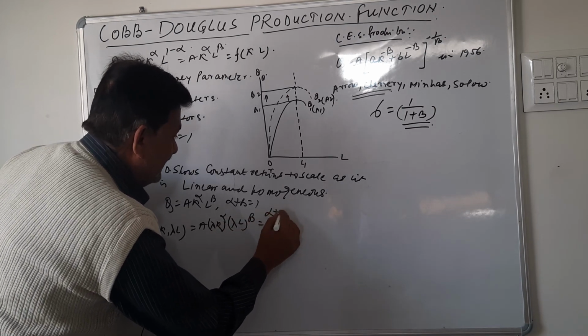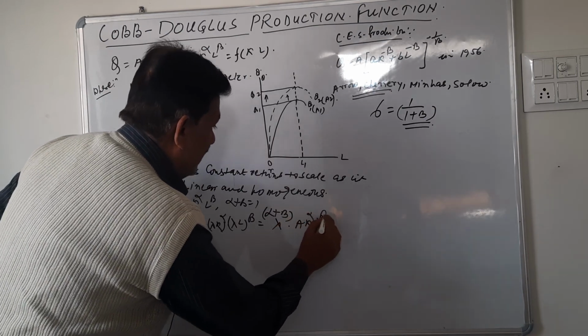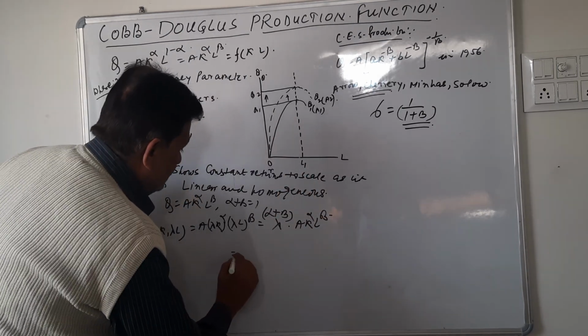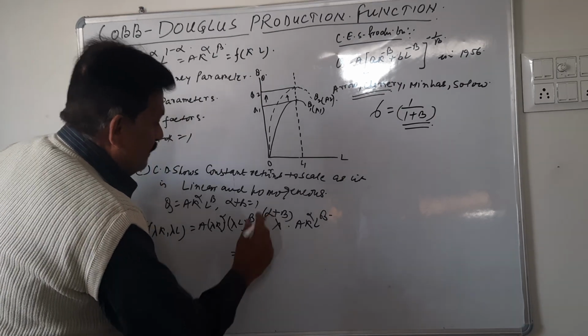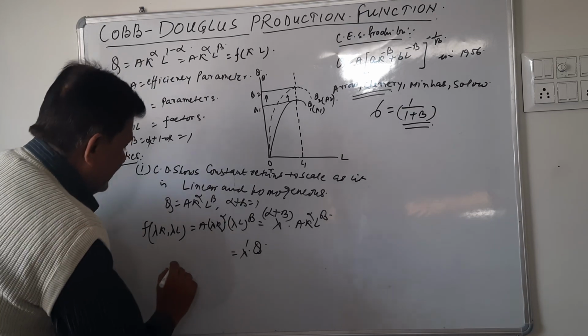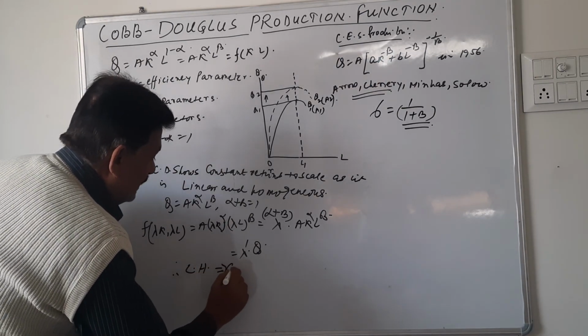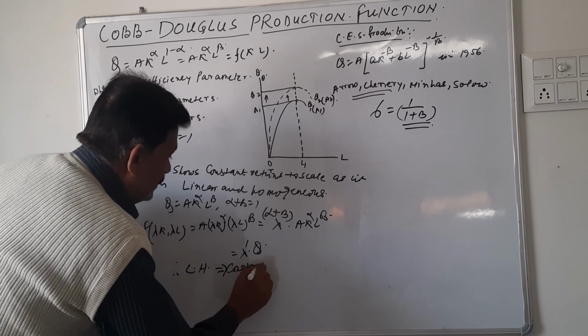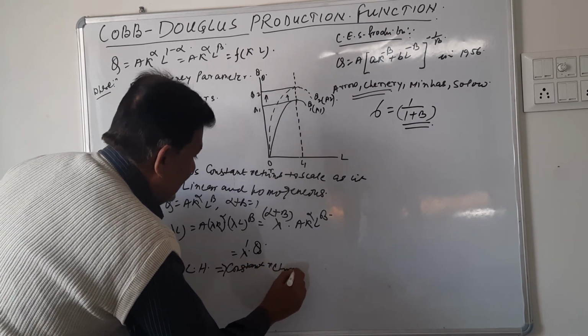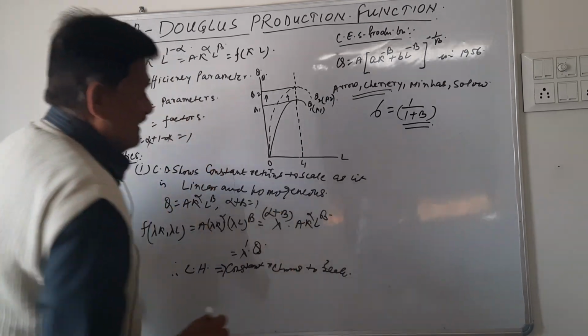Lambda is here and it is A K to the power alpha, L to the power beta, and this is lambda to the power alpha plus beta, which is 1, and this is Q, hence linear homogeneous, and this stands for constant returns to scale.